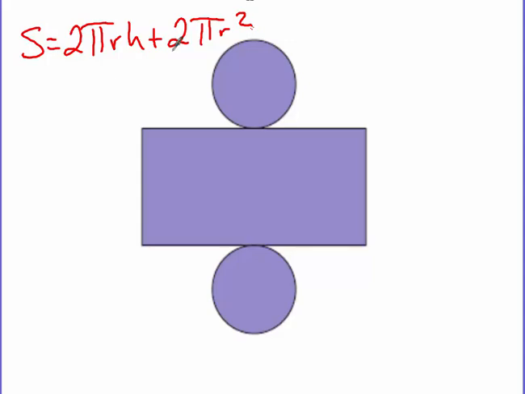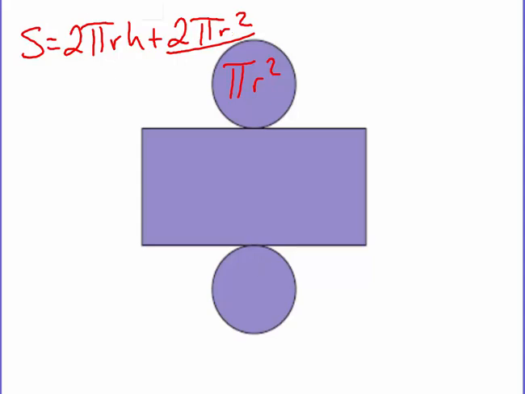Well, let's start here at the end, the 2 pi r squared. I'm hoping that you realize that the pi r squared is just the formula for a circle. That's this one, pi r squared. But how many of those circles do we have? We have 2 of them, so that's where the 2 comes from. So 2 pi r squared gets our 2 circles, the 2 bases.